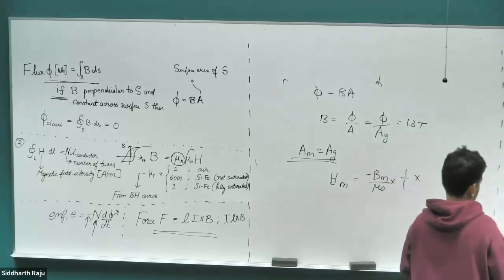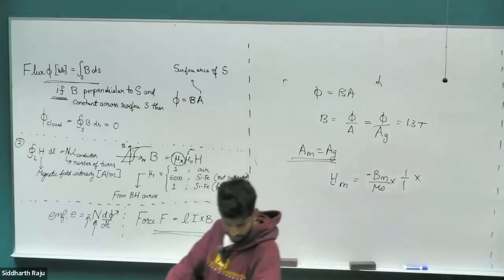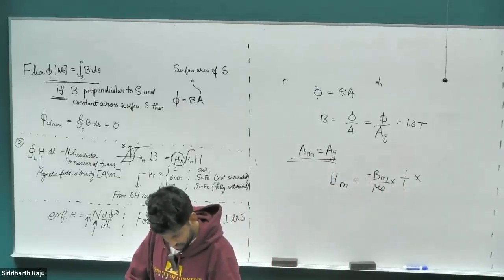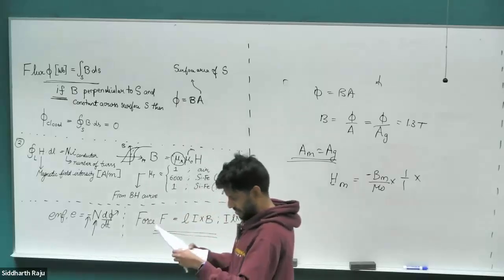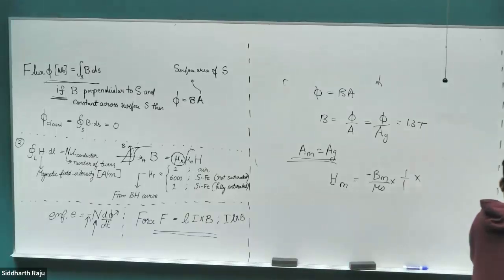What was our LG? I have no idea. Oh, magnet length LM, that was 1 centimeter. So the magnet length is 1 centimeter.